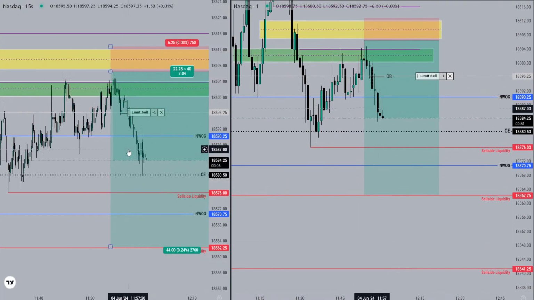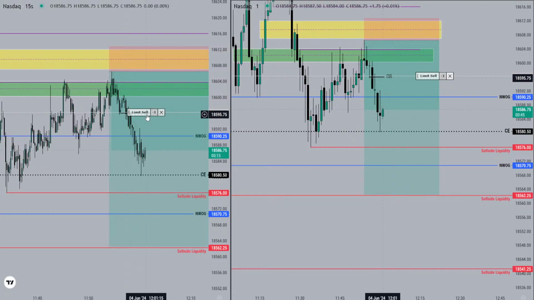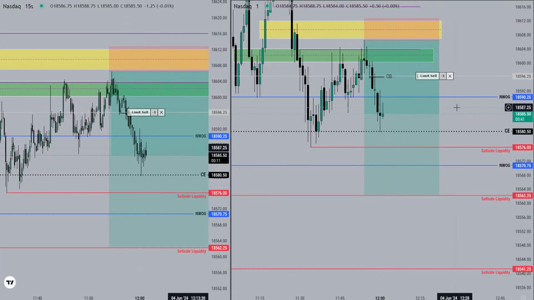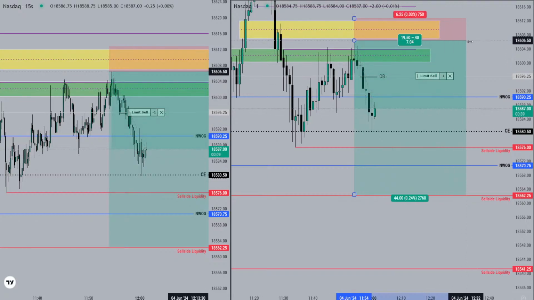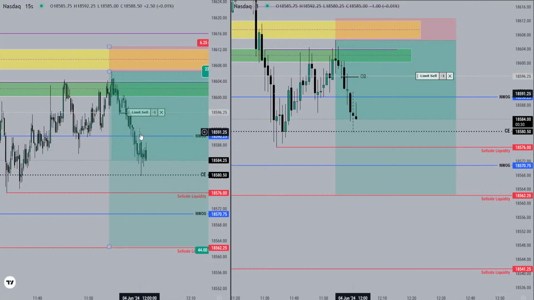From 15-second chart, before taking this liquidity, market has to reach to that order block. If it failed to reach over there, I'm not interested to sell anymore. I'll just let it go and I will see how it will work. Logic is simple.